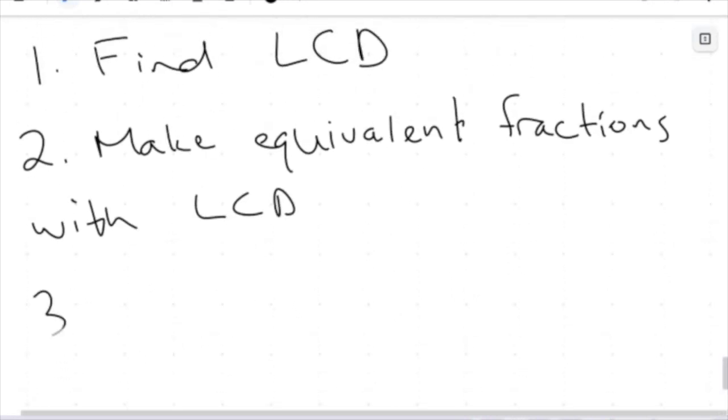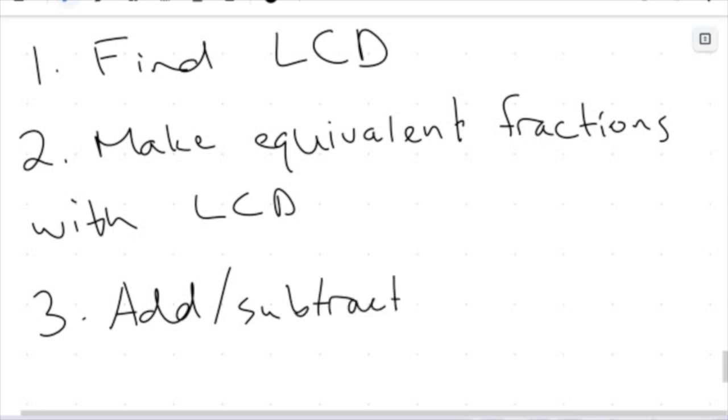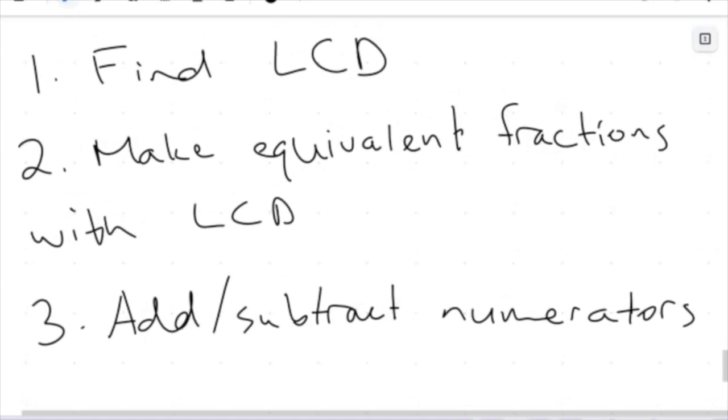And third, all we need to do then is add or subtract the numerators with the lowest common denominator at the bottom. This should look familiar because it hasn't changed at all from when we did fractions in year 7. The only difference here is we're dealing with algebra, but we already know how to operate with algebra, we know how to expand, we know how to add like terms. So not too much is changing.